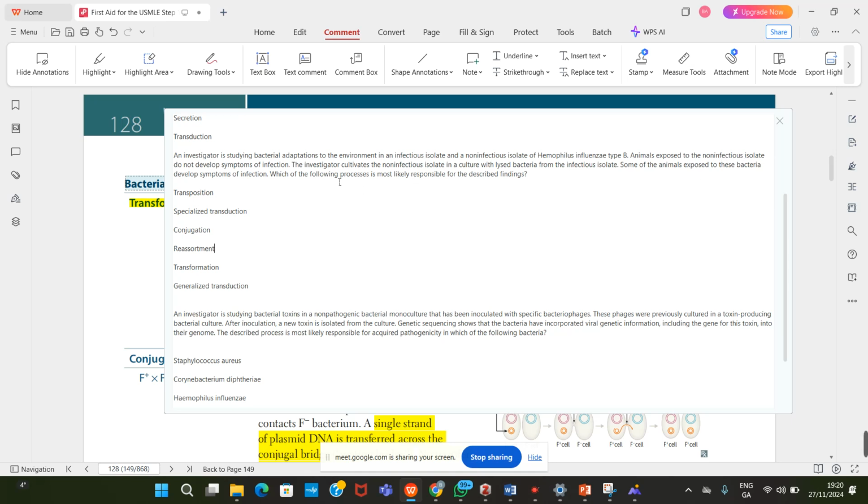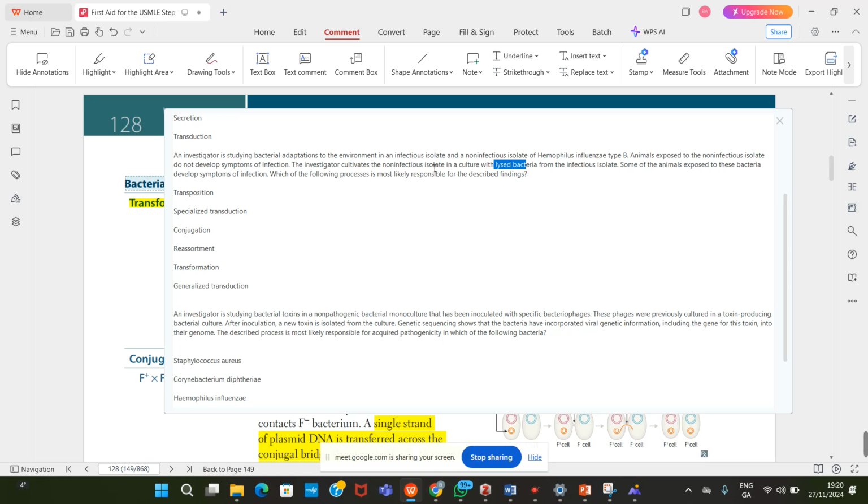So the investigator now decided to cultivate the non-infectious isolate in a culture with lysed bacteria from the infectious isolate. The change the person is doing here is the lysis. The investigator lysed the bacteria that have the tendency to cause infection, and incubated that with the isolate that cannot cause infection.